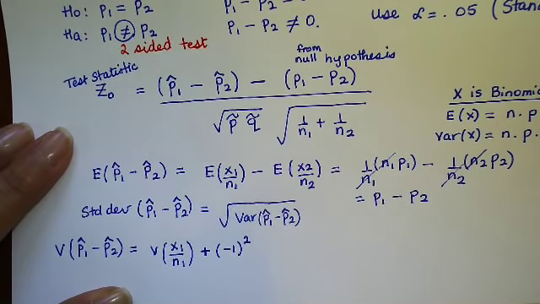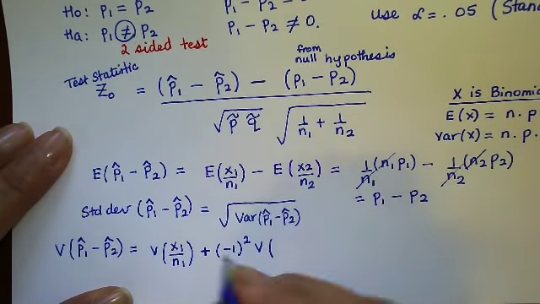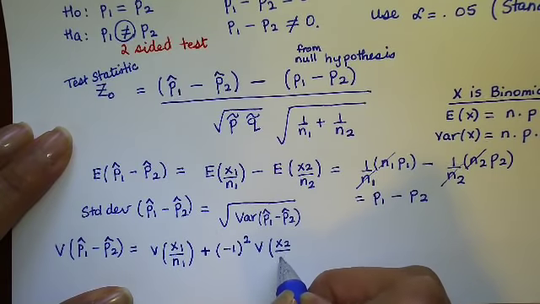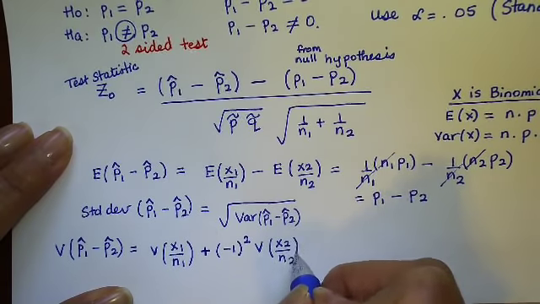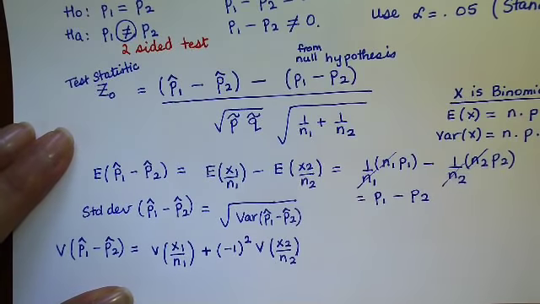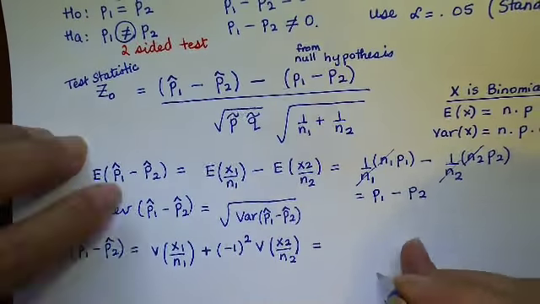Remember, when you have a coefficient in front of the p2 hat, you have to pull out that coefficient and square it. So my negative 1 squared times the variance of p2 hat, variance of x2 over n2. I'm replacing p2 hat by x2 over n2 because that's what it is.